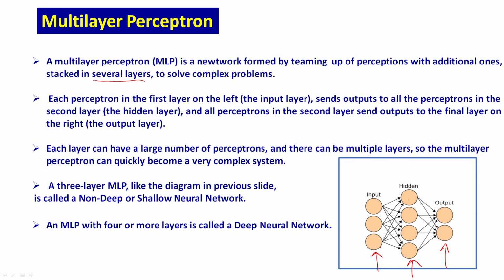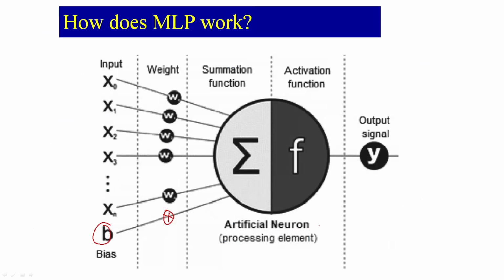This is a 3-layer system, which is nothing but a shallow network. If it has more than 3 layers, 4 or more layers, then it is called a deep neural network. 3, 2 layers are called shallow neural networks.